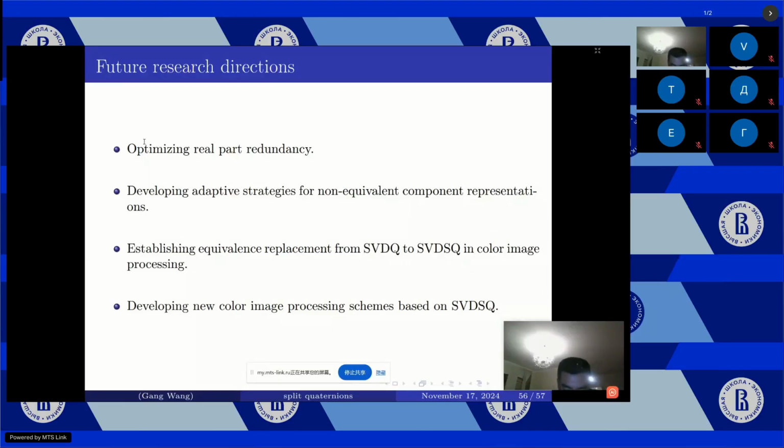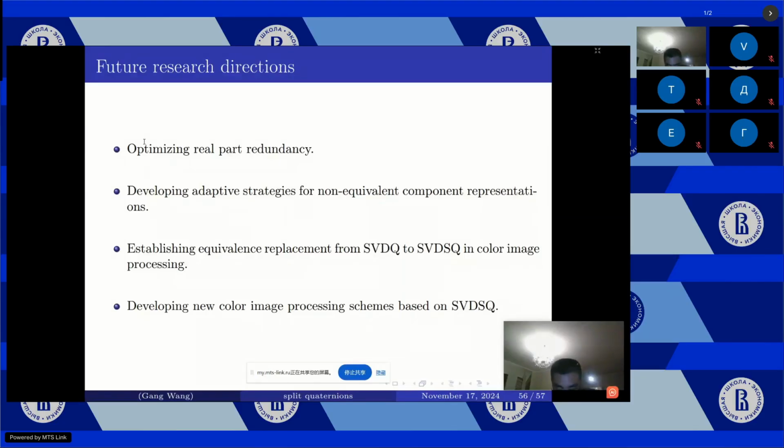Additionally, developing adaptive strategies for managing non-equivalent component representations will be critical for improving the processing framework's effectiveness. Establishing equivalence replacements from SVD-Q to SVD-SQ in color image processing will also be an important consideration.